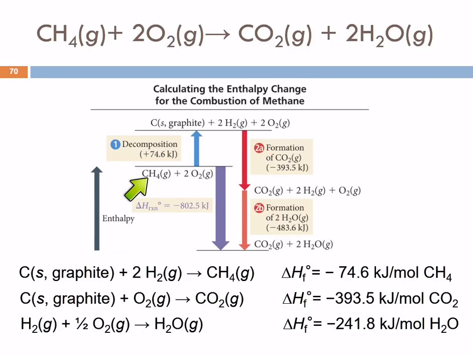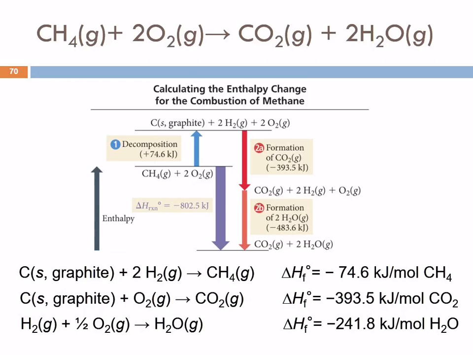We can think of taking apart the methane, breaking CH4 into its elements, carbon and hydrogen. And the oxygen is already in its standard state, so that just goes along here. To decompose the methane is positive 74.6 kilojoules. That is the opposite of its heat of formation.